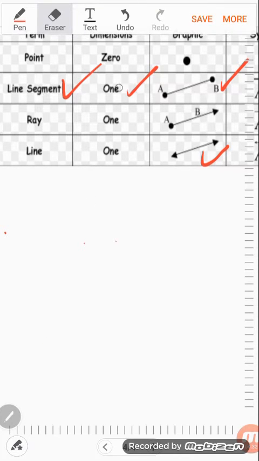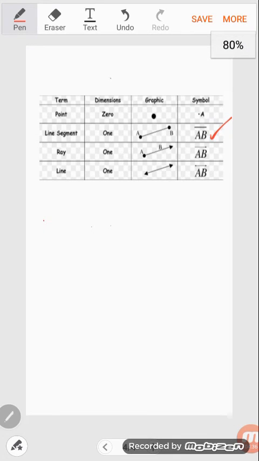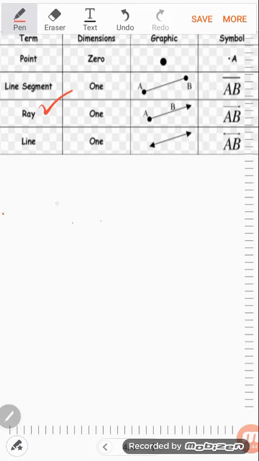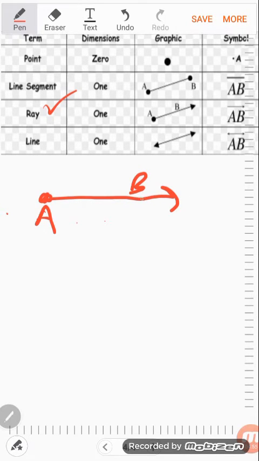Another representation would be for a ray. A ray, by definition, would be, let's draw the figure first. It has one endpoint and the other side extends without end.